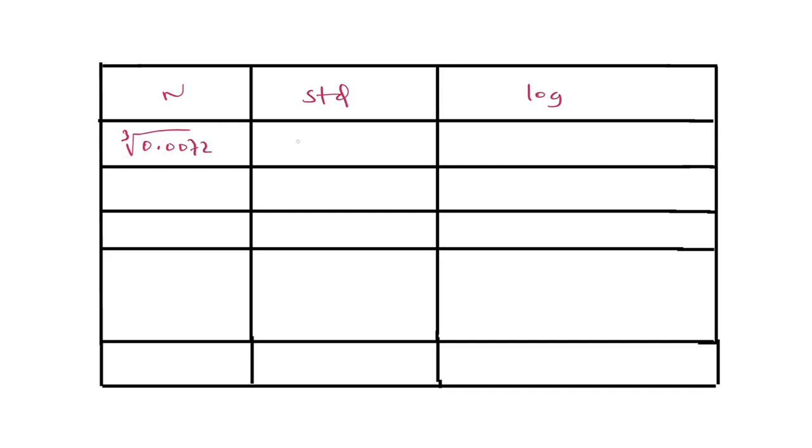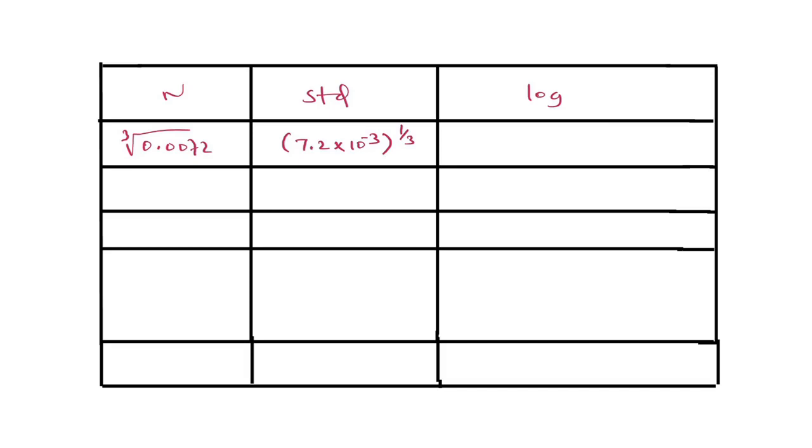So in standard form, we are going to have in brackets 7.2 times 10 power negative 3, all to the power 1 over 3. Okay, so for this one, to find its logarithm, we are going to read 7.2 from the table, and we are going to add negative 3 from 10 power negative 3.